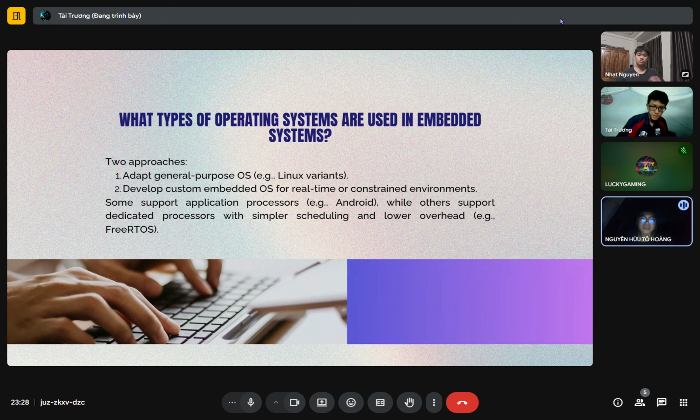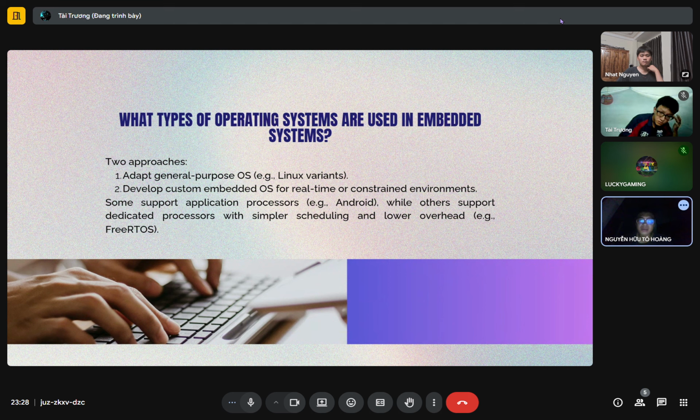And what types of operating system are used in embedded systems? We have two approaches. The first is to adapt a general purpose OS, like a Linux variant, and the second is to develop a custom embedded OS for real-time or constrained environments.